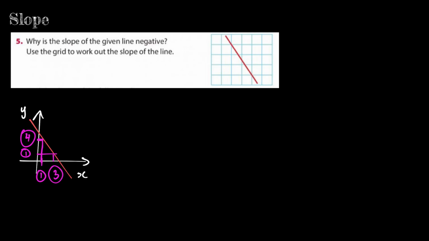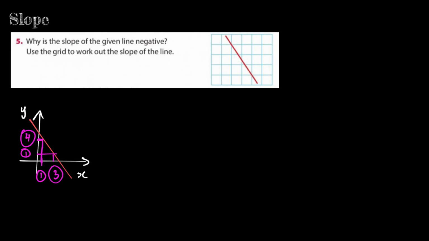So you can see there, as the x value gets bigger, going from 1 to 3, the y value goes from 4 to 1. So the x value 1 maps onto 4. As x gets bigger and turns into 3, the corresponding y value gets smaller. So as the x value gets bigger, the y value gets smaller. That's why it's a negative slope.